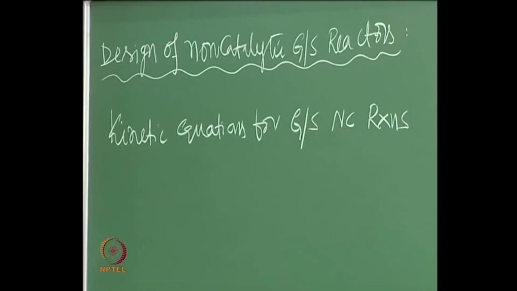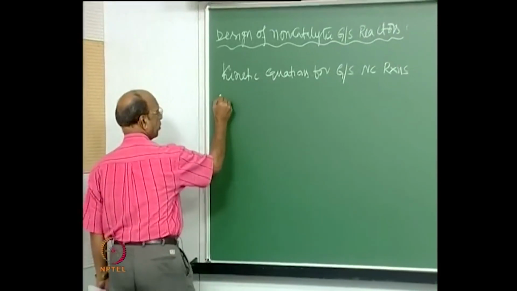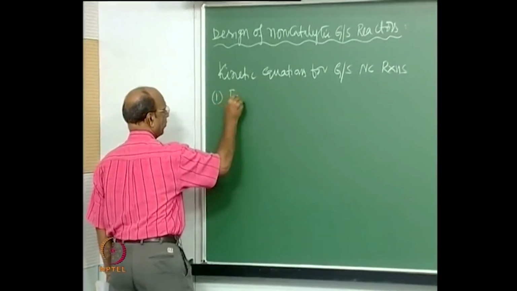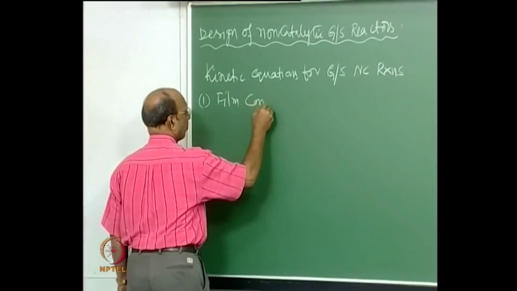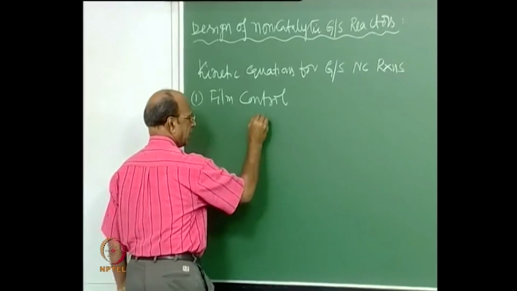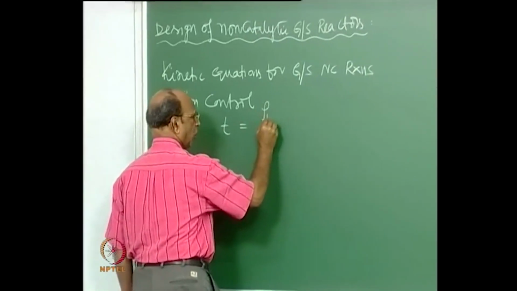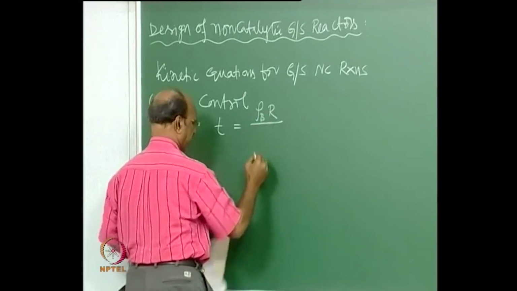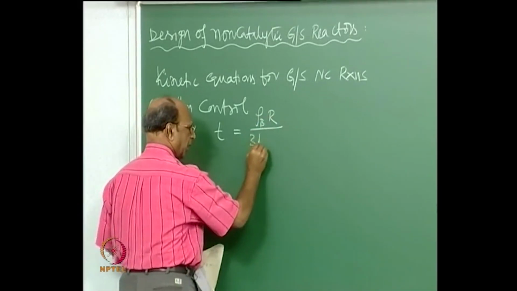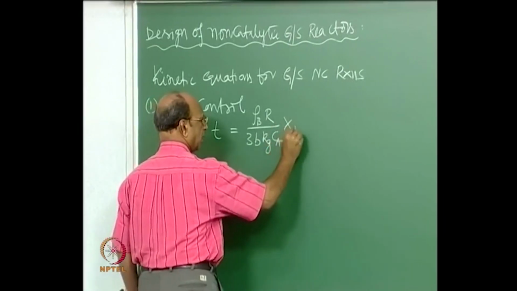So you know, for all three controlling, you have the big equation and that has to be used at the end, but individually, if I have film control, what you have is the equation tau, T equal to rho b r by 3b kg cag xb.